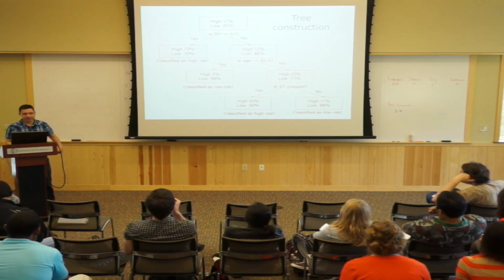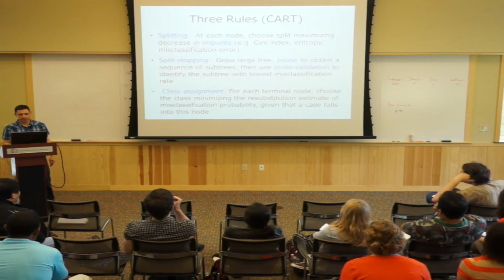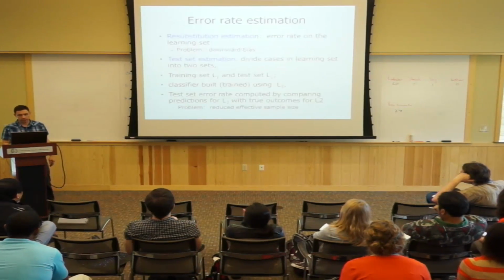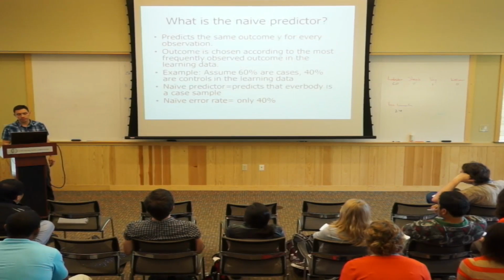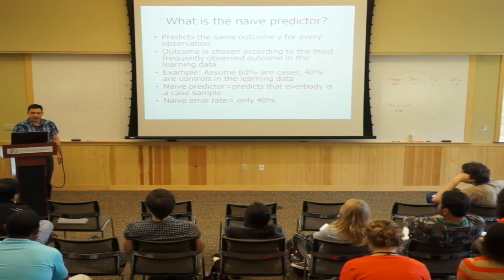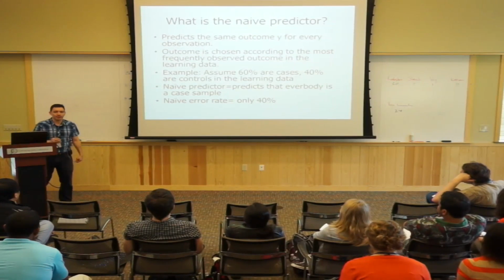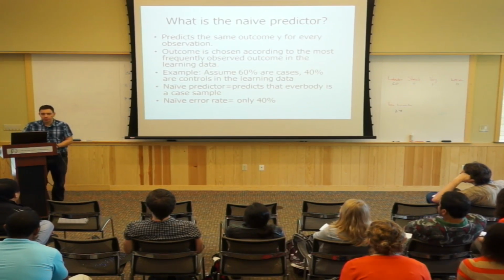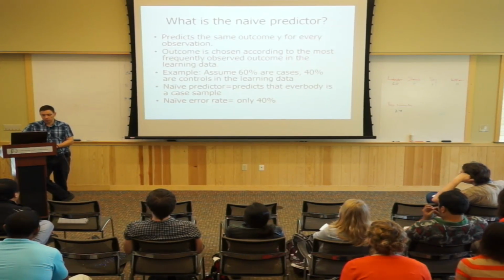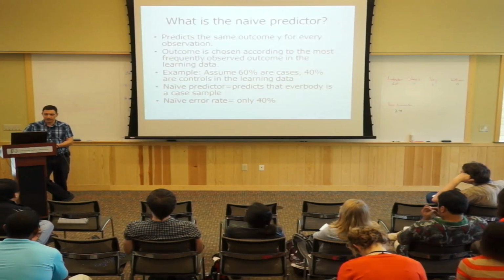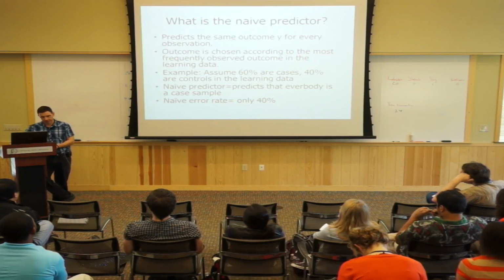So the naive predictor assigns the same outcome to every subject. And why do we even look at it? Because it turns out that in genomic applications, the naive predictor may be better than any other predictor that you developed.